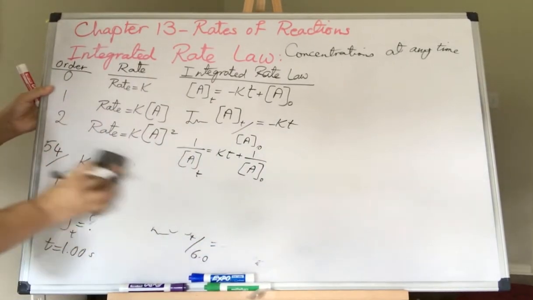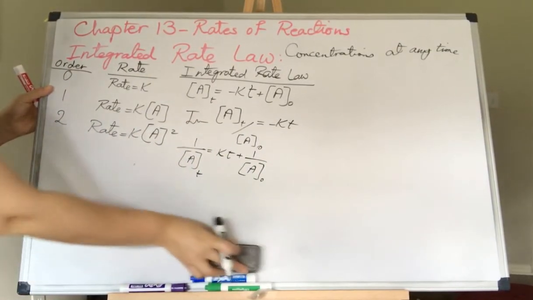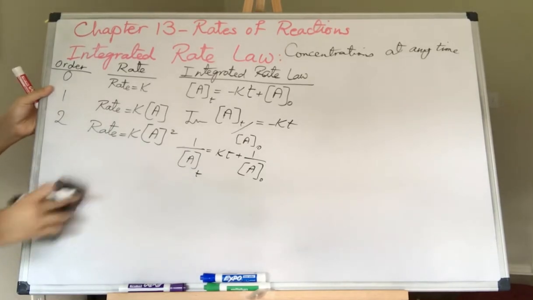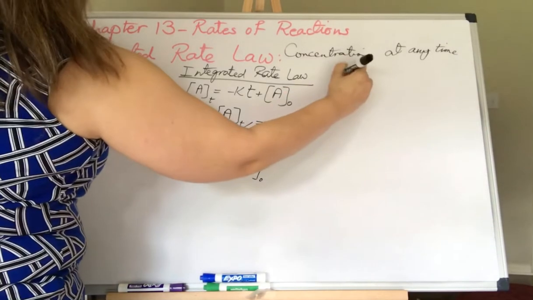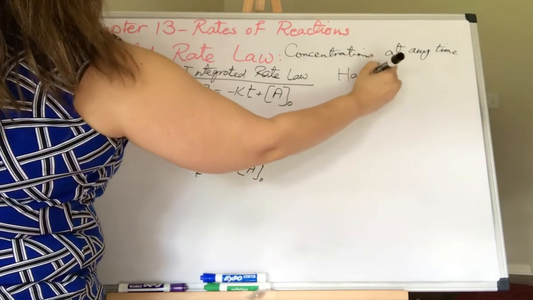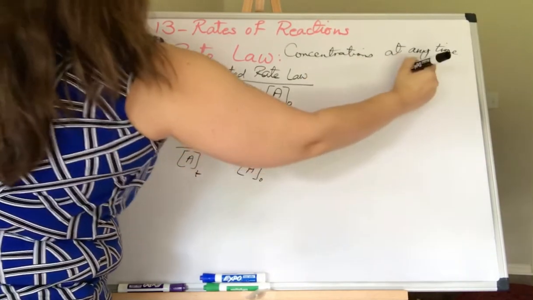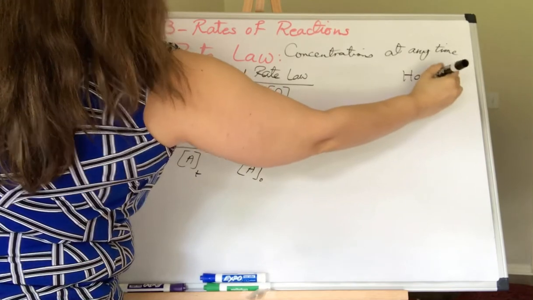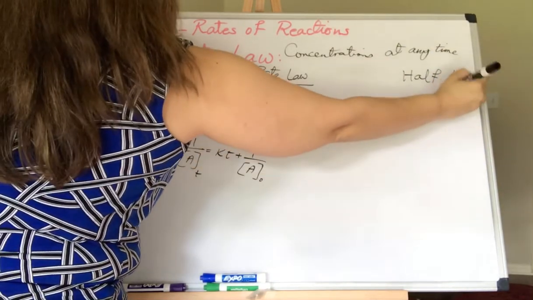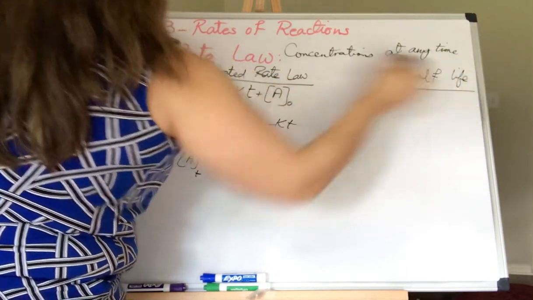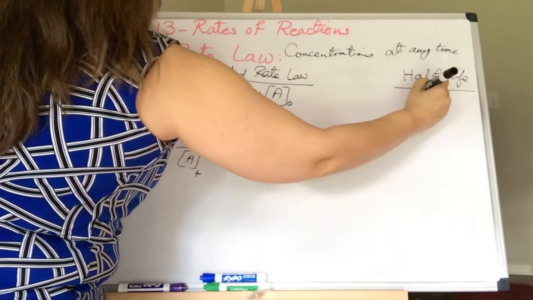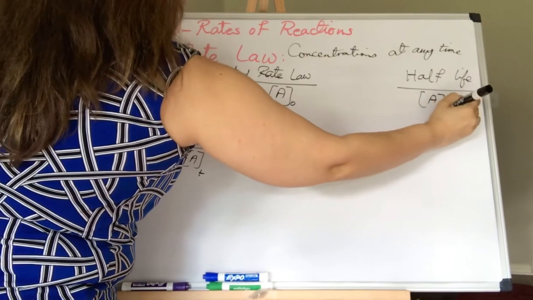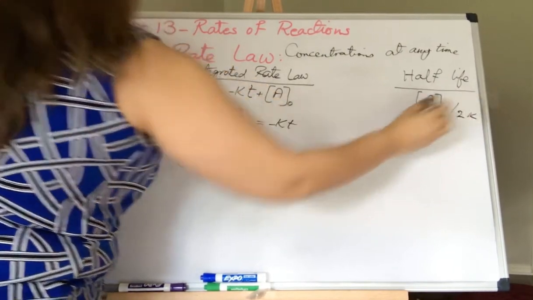Another piece of information which is given to you to work on these types of problems is the half-life. Allow me to write half-life here because I want to talk about these equations. Half-life for a zeroth order reaction is initial concentration of A over 2K.